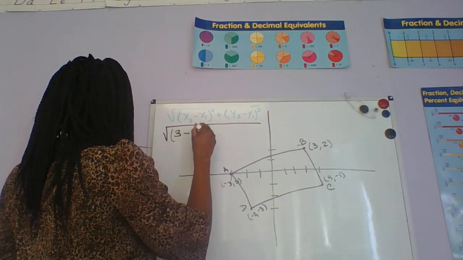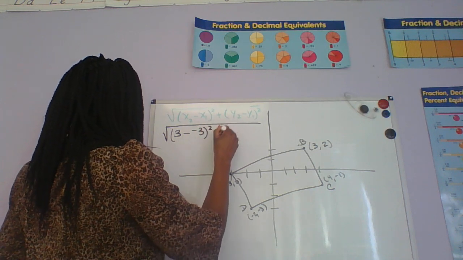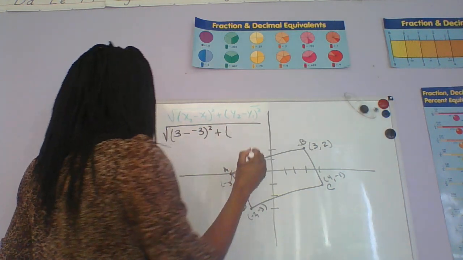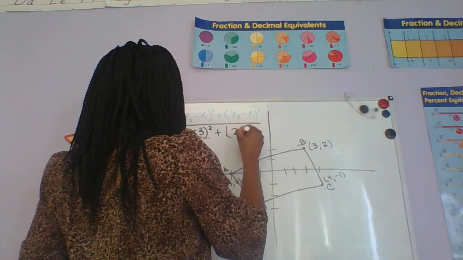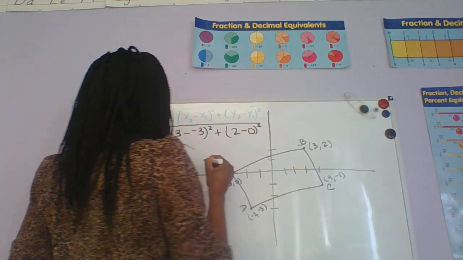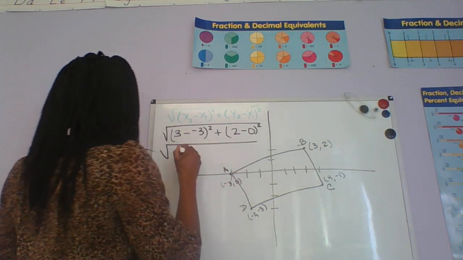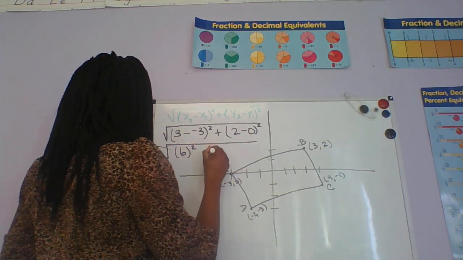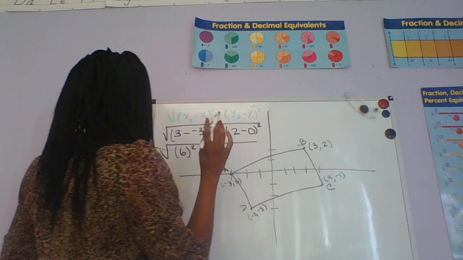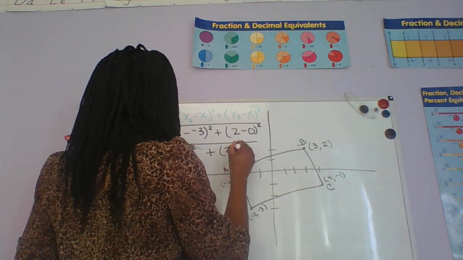3 minus negative 3 to the second power plus 2 minus 0 to the second power. So 3 minus negative 3 is 6 to the second power. 2 minus 0 is 2 to the second power.